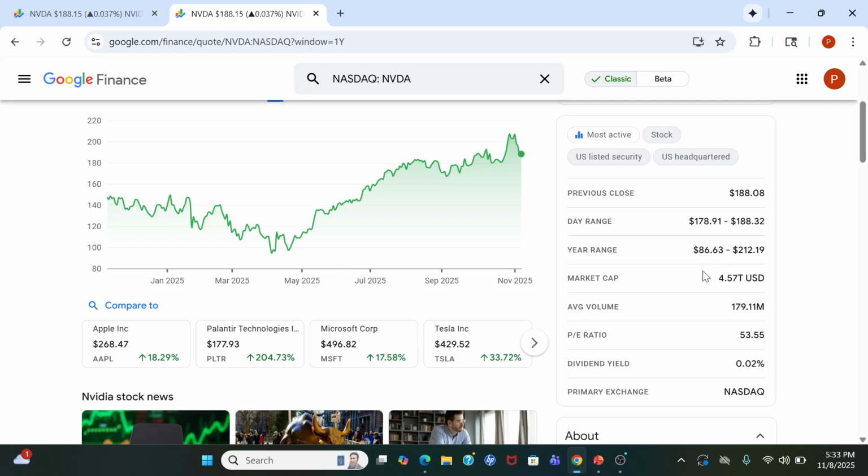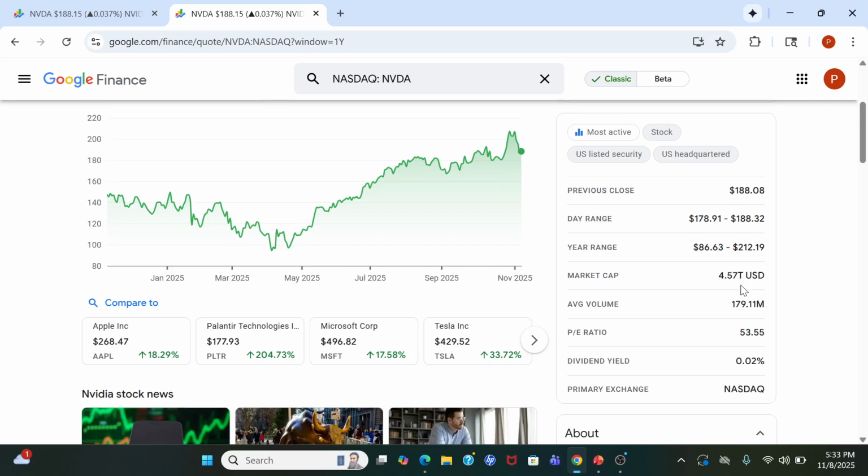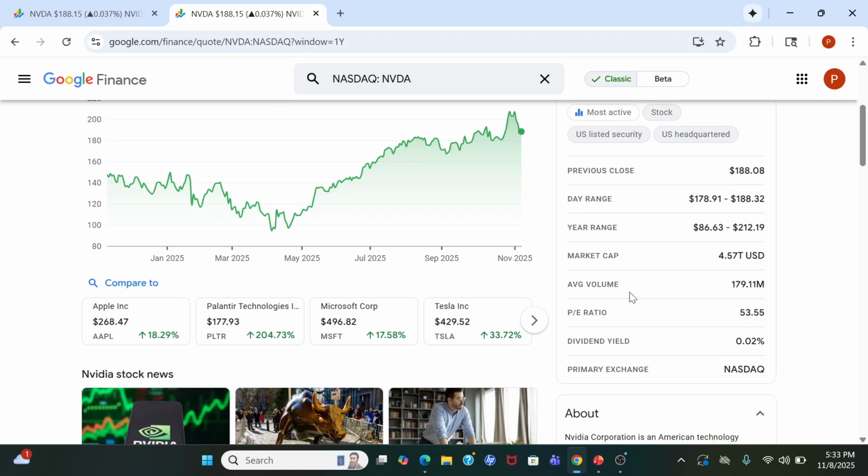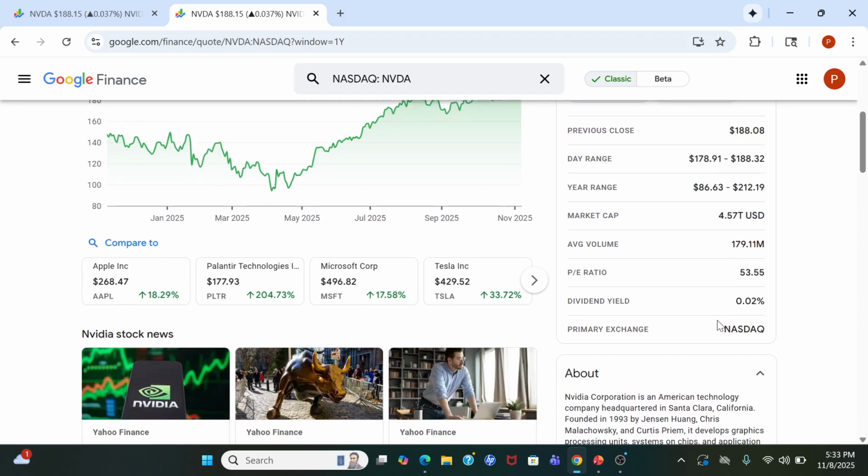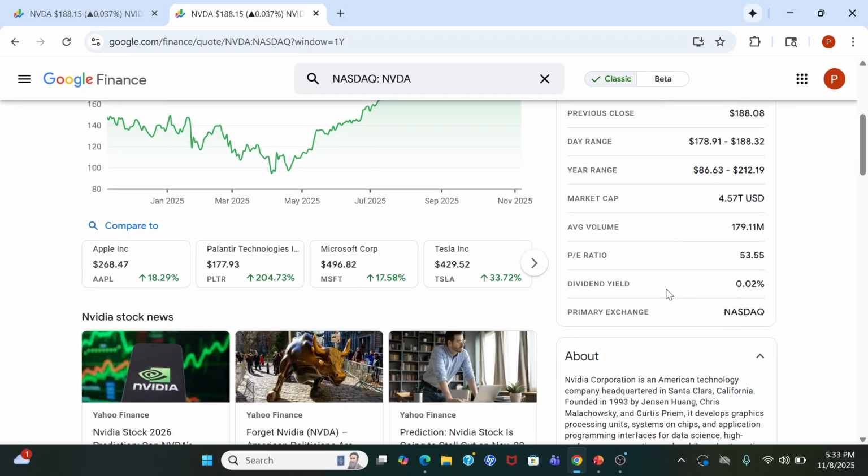The market cap is the valuation of the overall company. If you add everything, how much is Nvidia worth? Right now, it's worth $4.57 trillion. That's a big company. Then it tells you the average volume, 1.79 million, and the PE ratio, which is 53.55. It also pays a dividend, currently 0.02%.